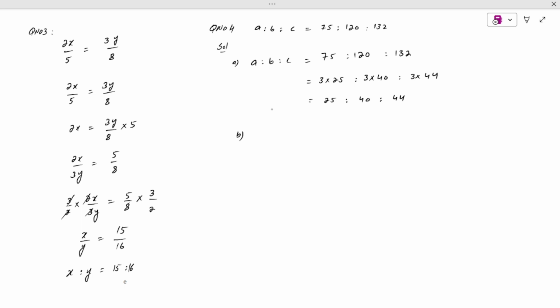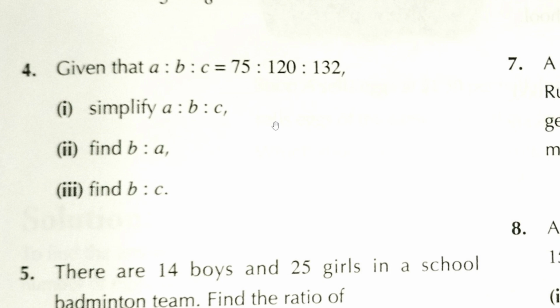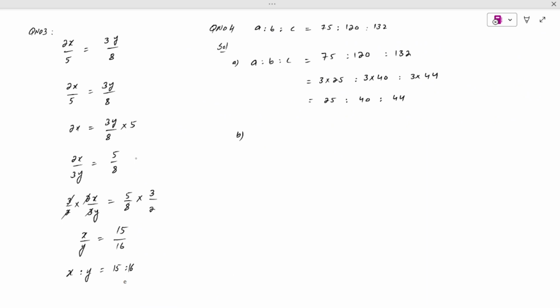Now let us solve part B, where we have to find B ratio A. You can see that this is A ratio B ratio C in the simplified form, and this is the value of B and this is the value of A in this quantity, and B ratio A will be 40 ratio 25.